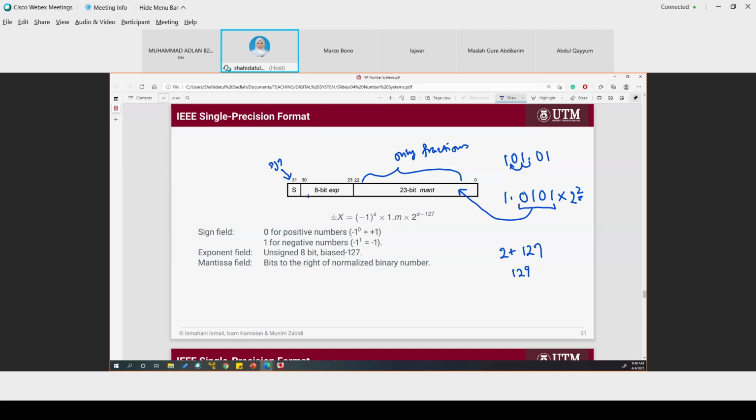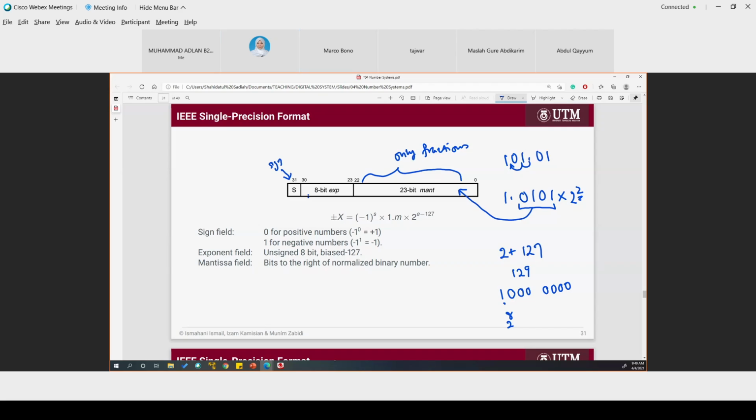So change it to 8-bit and put it here. 10000000 is 128, which is 2 to the power of 7 plus... 2 to the power of 8 range.